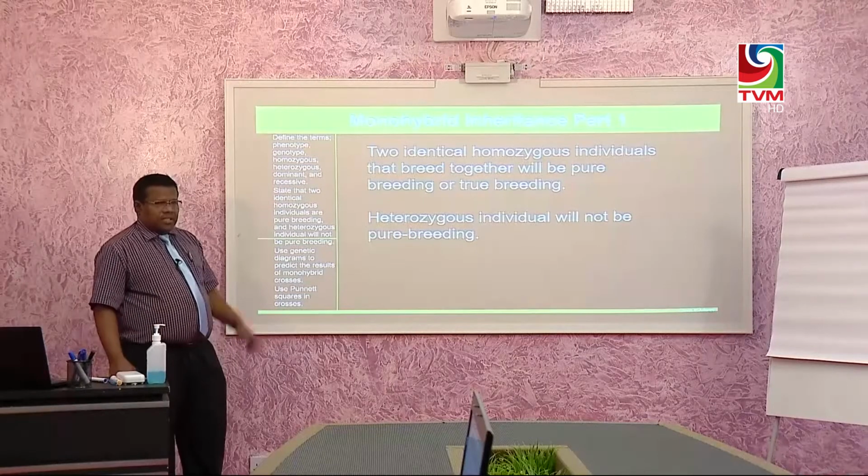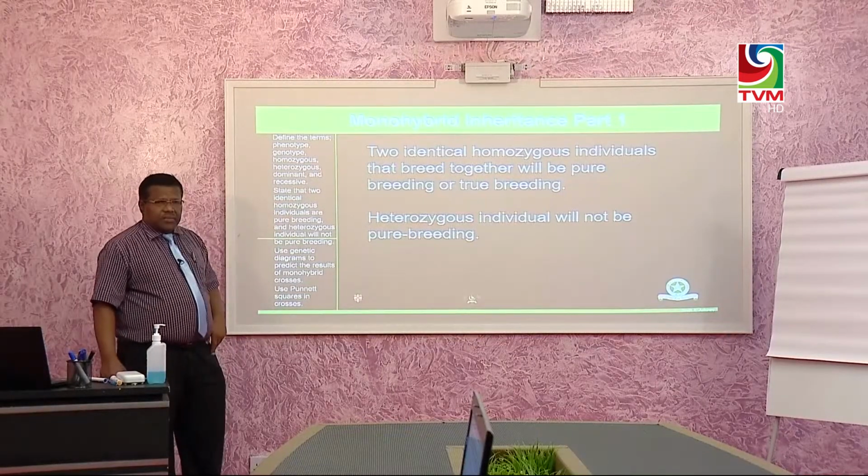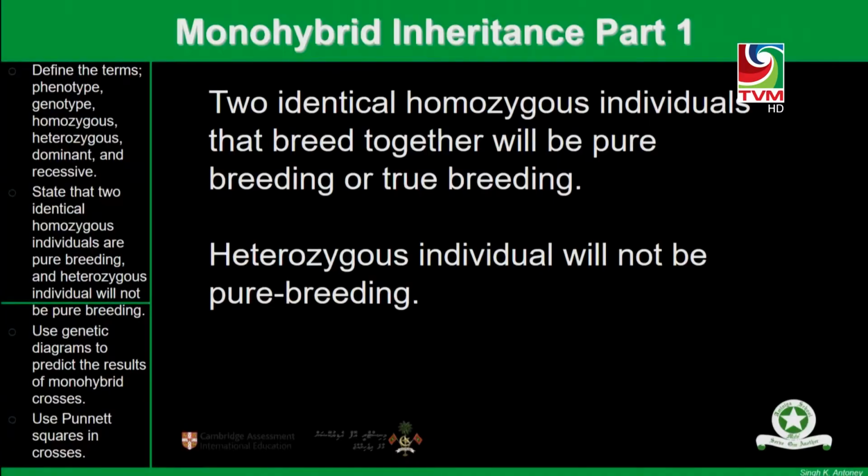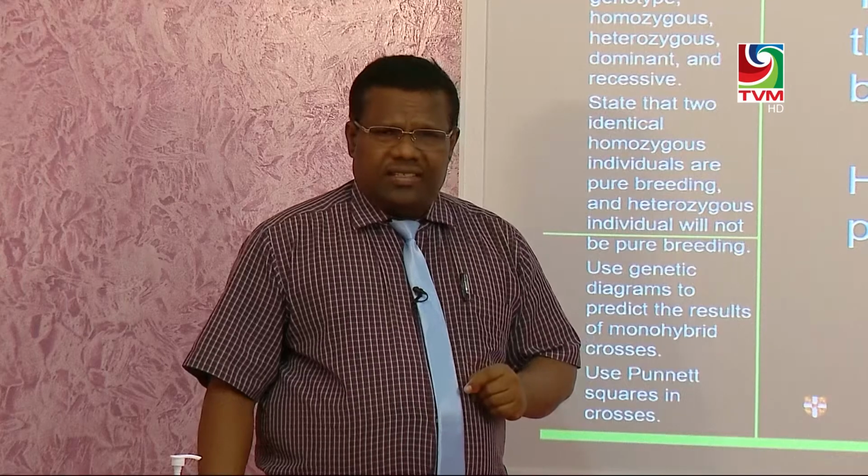And always remember that these two statements are given in your syllabus. You are supposed to know to state that two identical homozygous individuals that breed together will be pure breeding or true breeding. Pure breeding or true breeding means they are able to transfer to the next generation only the same type of alleles.